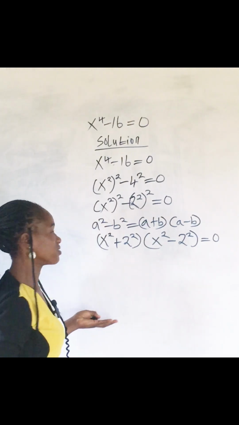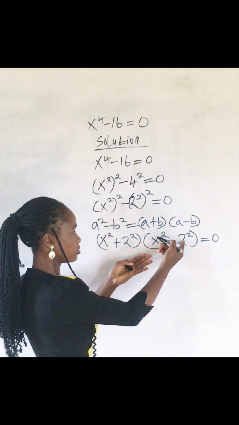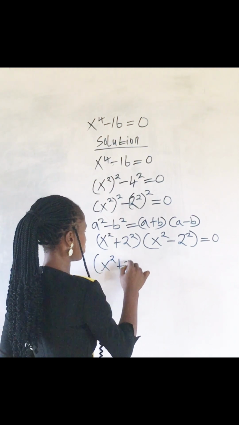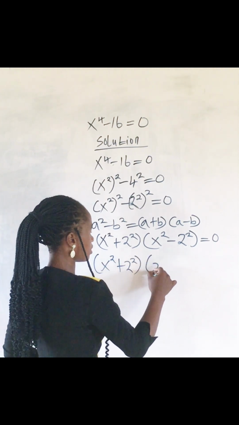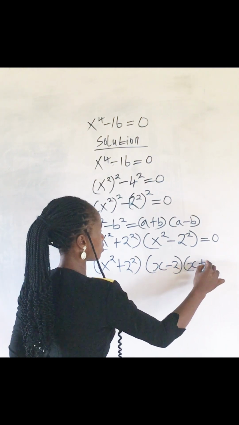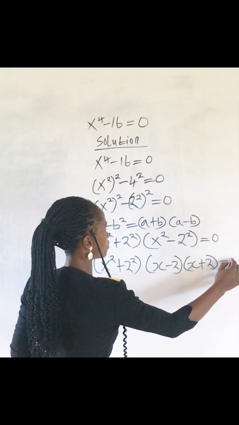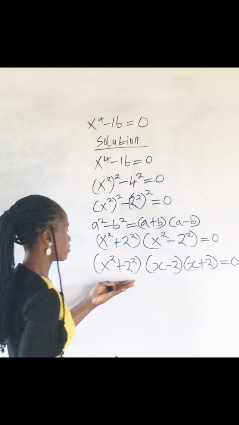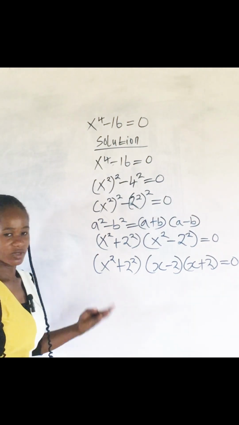Since this is another difference of two squares, we can break this down further to become x minus 2 into x plus 2 equals 0. So we have three equations multiplying themselves here.